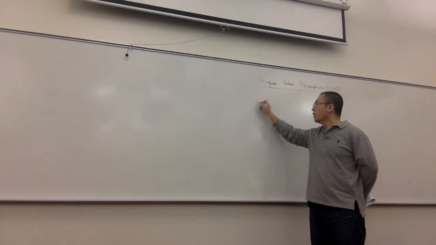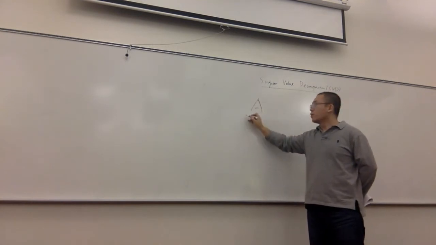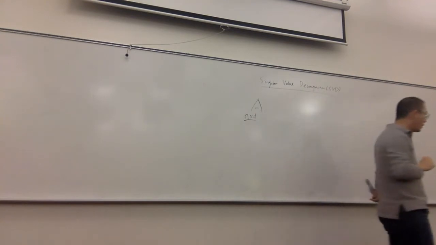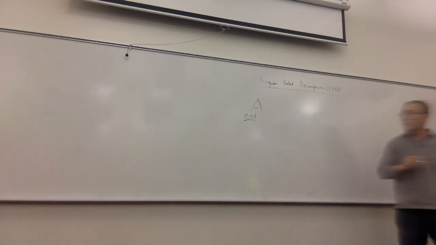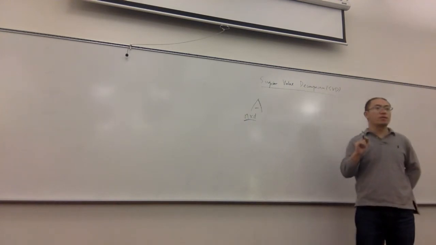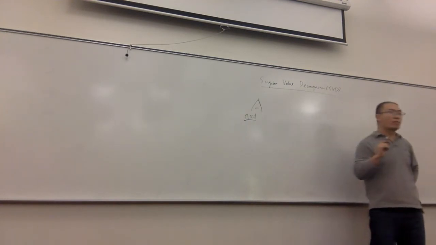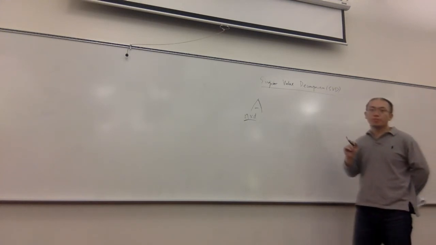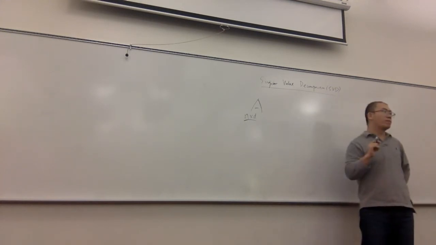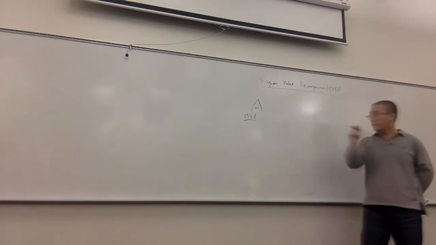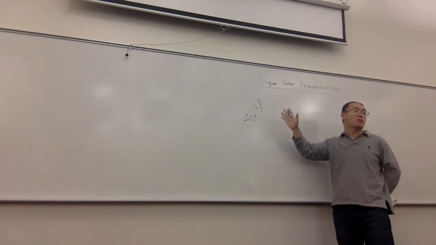For an arbitrary matrix A, the shape is n by d, meaning that it has n rows and d columns. So what's the form of the singular value decomposition? Any idea? A is equal to U S V transpose. Yes.